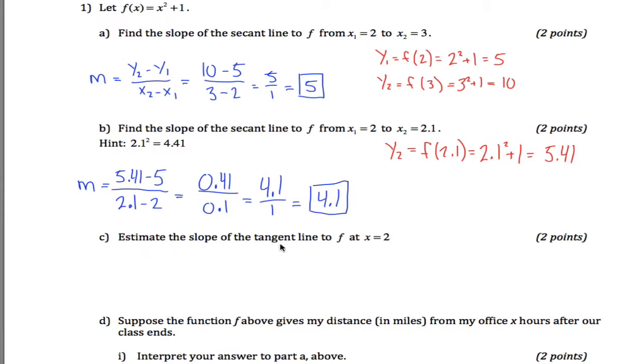So when you're estimating the slope of the tangent line to f at x equals 2, it looks like we're getting close to 4, so the answer is 4. Maybe you can figure out a way to show work there, but I can't. Just write the answer. There it is.